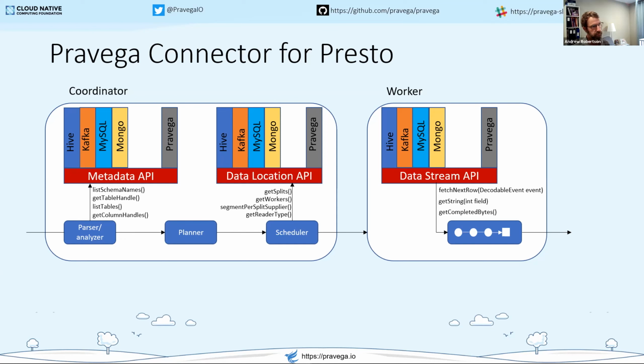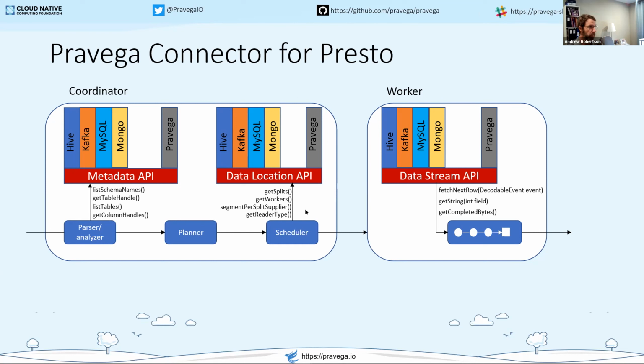We'll have more detail later. We give that back to the coordinator, and that's the set of work that needs to be done to satisfy the query. Each split is one discrete piece of processing that can be given to a worker, and taken all together, you get the results of your query.